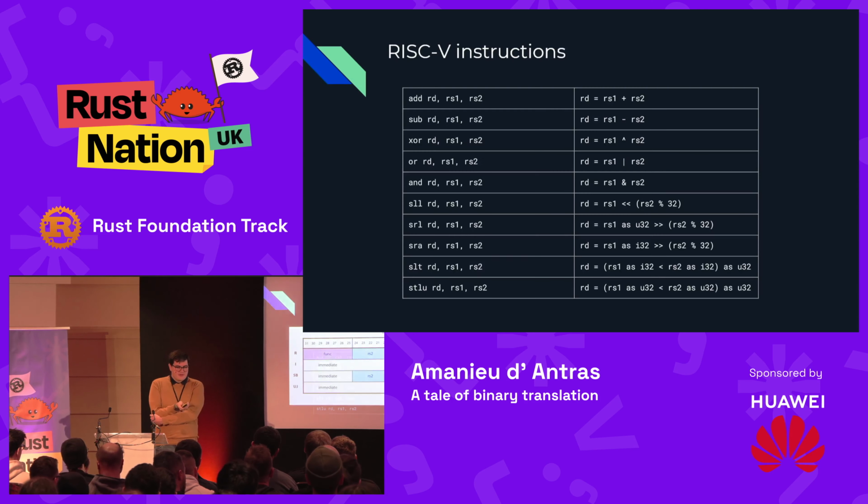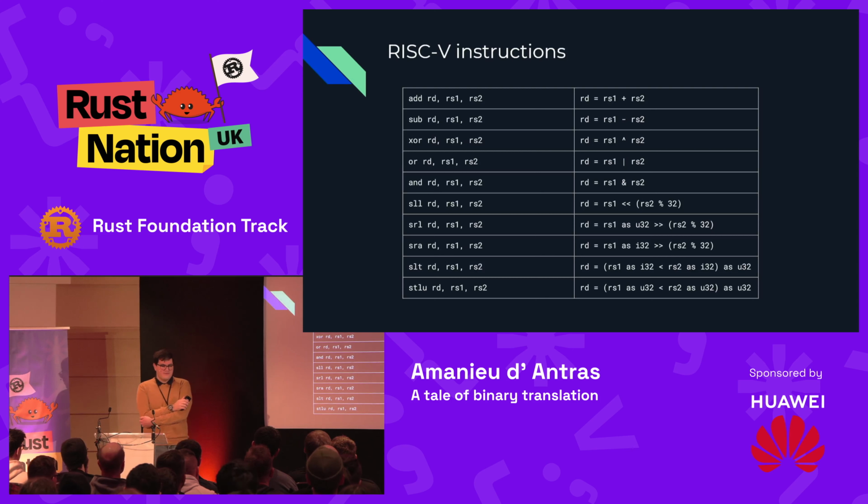So here are the actual RISC-V instructions. On the left, you have the assembly code format, which is a text representation of the instruction. And on the right side, you have the actual operation that's performed by the instruction. So you can see you have an add instruction, which takes a destination register and 2 source registers, and just adds the values in those registers and places the result in the destination register.